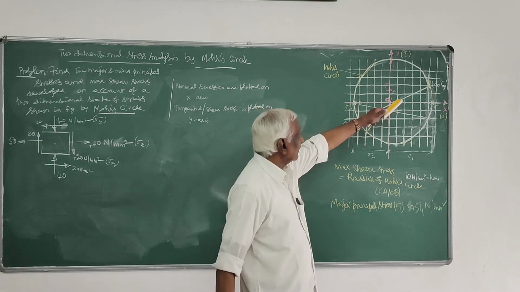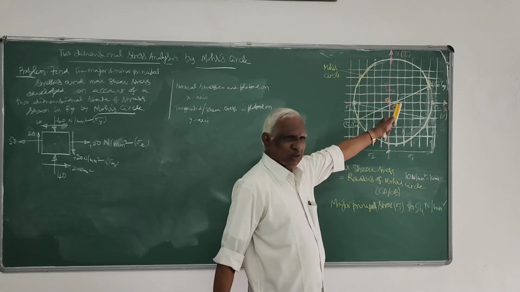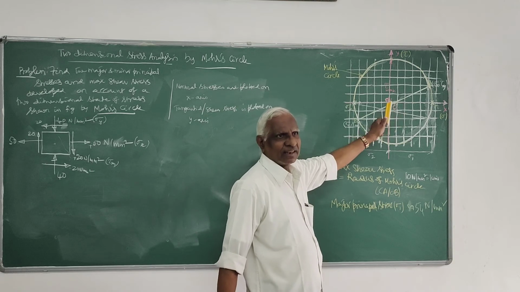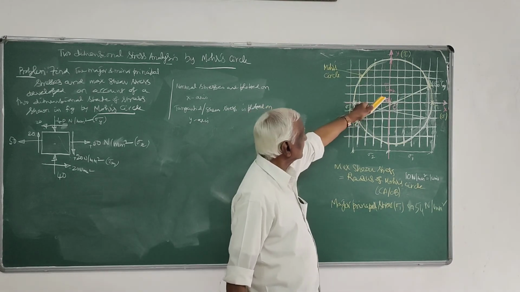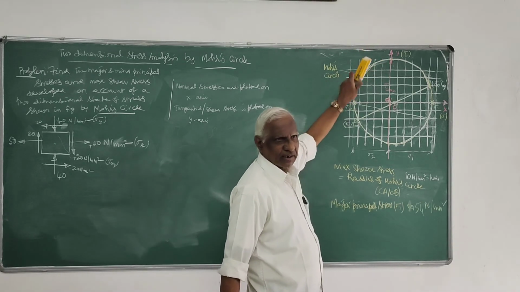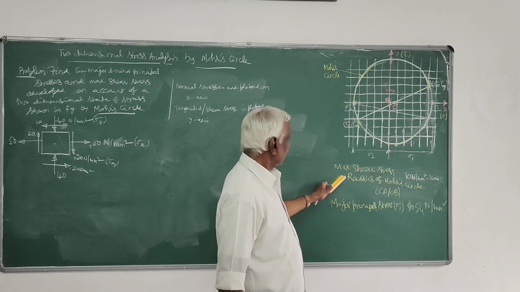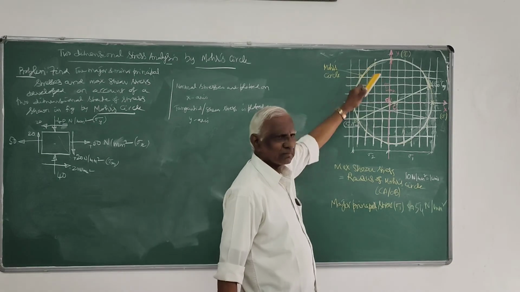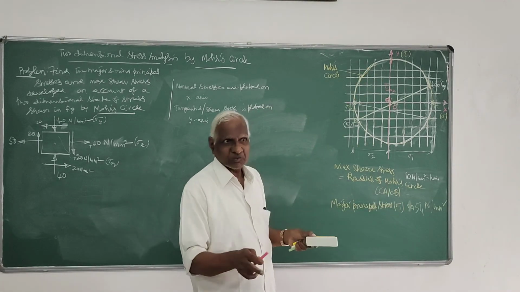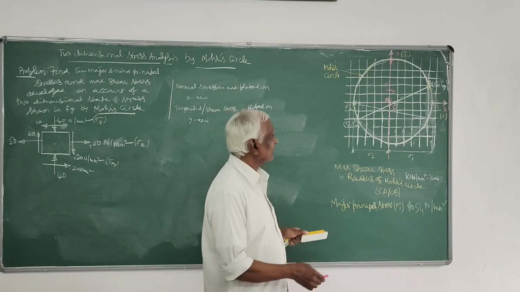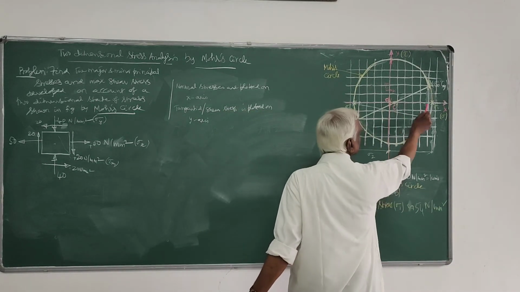Either the radius from this point or from here, straight away after plotting the Mohr circle. When I introduced the Mohr circle, I showed what the center of that circle is, what the radius is, and how to get it. Whereas here, you can measure it straight away for tau max. Tau max, the maximum shear stress, is nothing but sigma 1 minus sigma 2 by 2, the theoretical equation that you can just check.